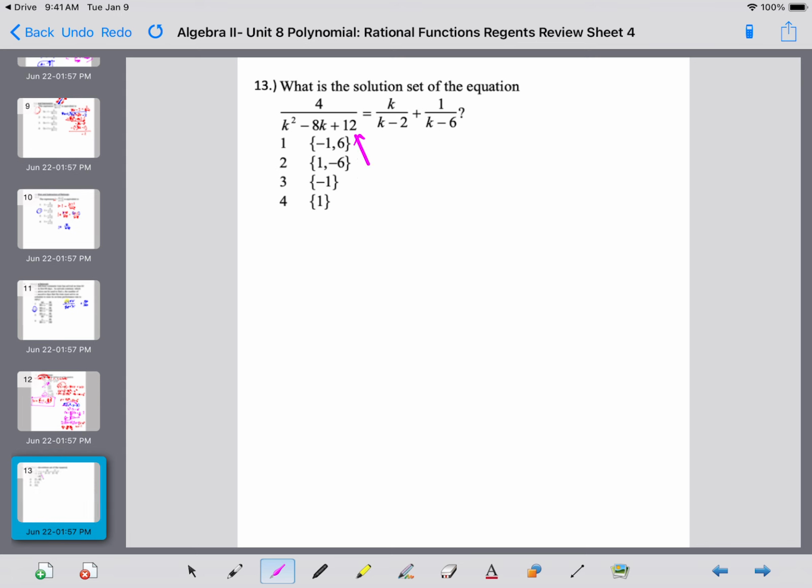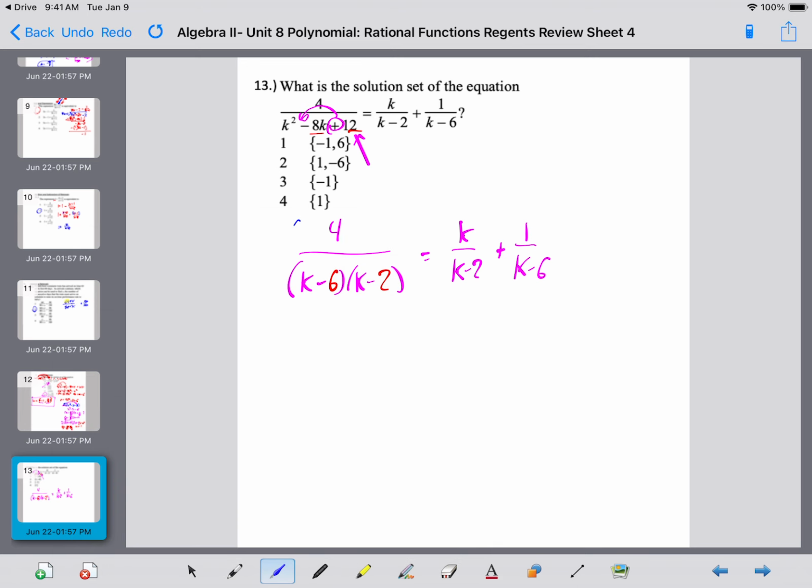First, factor anything that could be factored, right? So we have a plus sign, so same signs, both are going to be negative. So 4 over k minus, and now, what factors of 12 would add to 8? 6 and 2. So, remember what we said before.